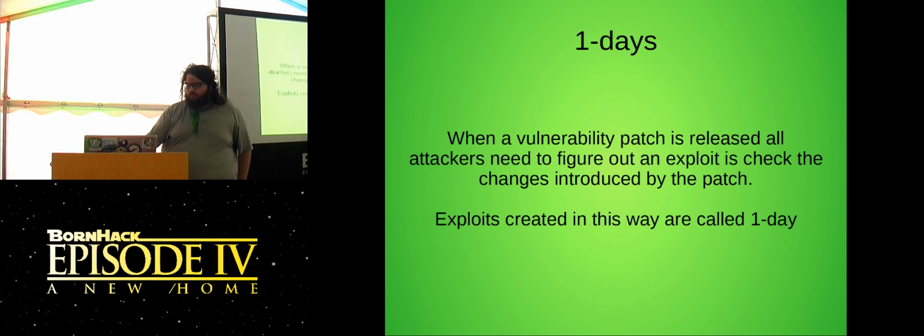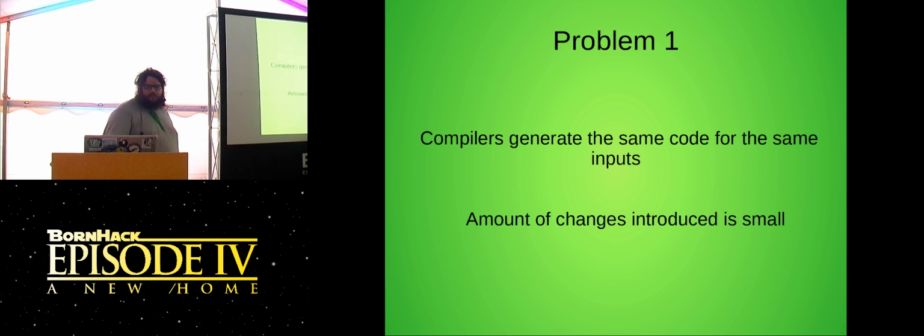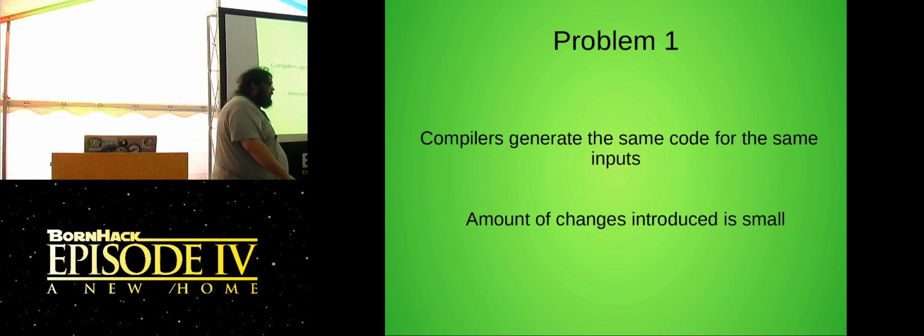So the problem we have is that compilers will always generate the same code for the same inputs, well, mostly. In fact, it's actually an ongoing effort to make GCC always generate exactly the same code for the same input. Yeah, there is actually an ongoing effort to do exactly that, so that you can have, what's it called?